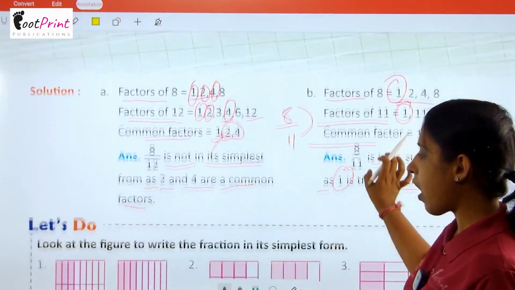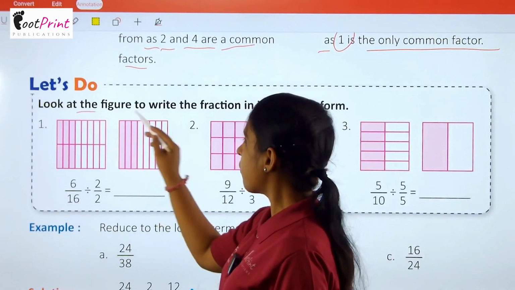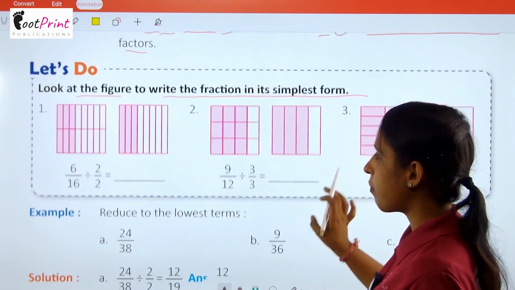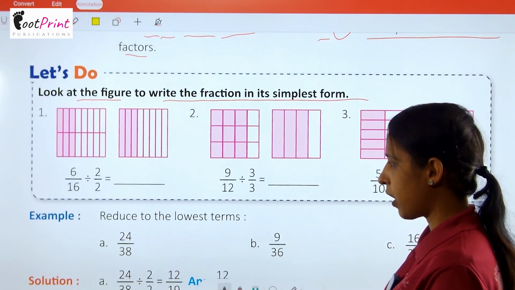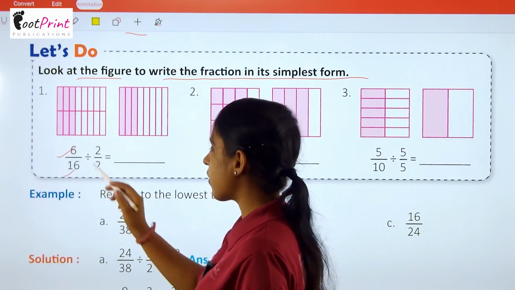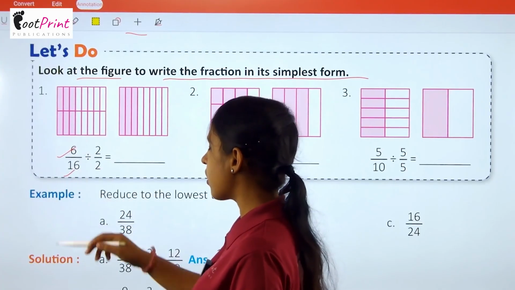Okay, now let's do here also. Look at the figure to write the fraction in its simplest form. So here some figures are given and we have to make them in simplest form. Okay, so here 6 by 16 is given and we divide both the numerator and denominator by 2.